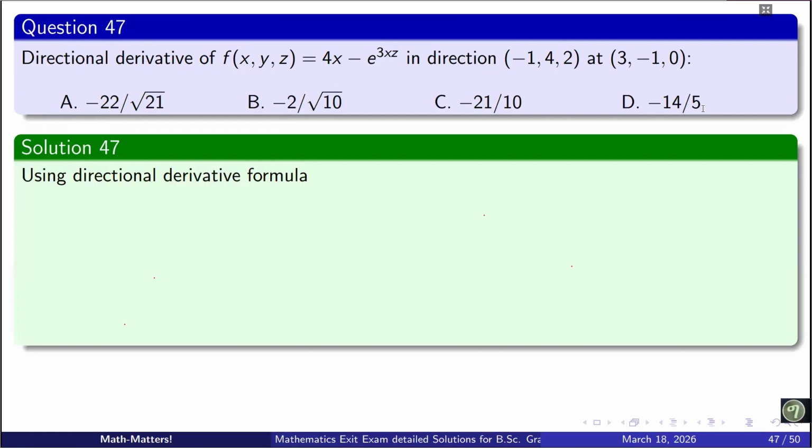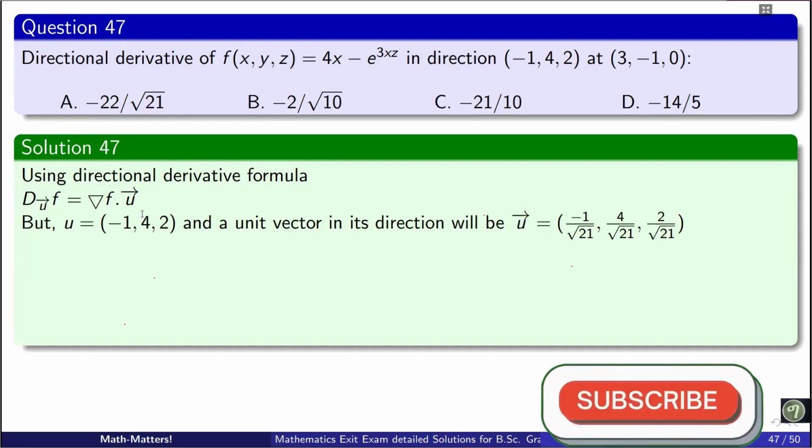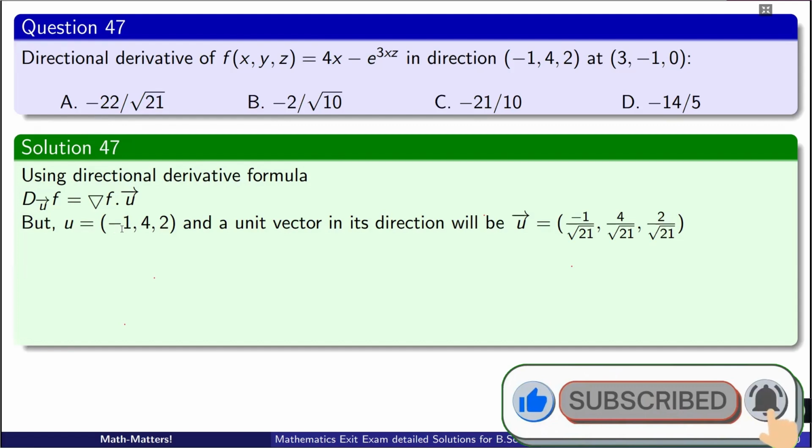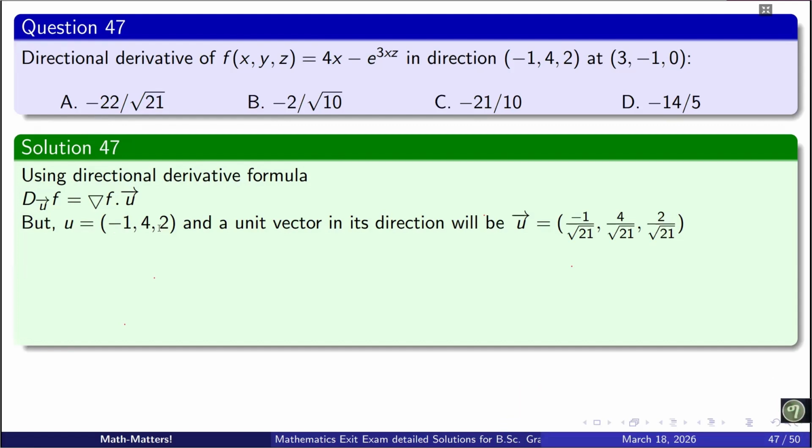Using the directional derivative formula, the directional derivative of f in the direction of u is equal to the gradient of f dotted with the vector u, where u is the unit vector. But u is given as (minus 1, 4, 2), because we are asked to find the directional derivative in this direction at this point.